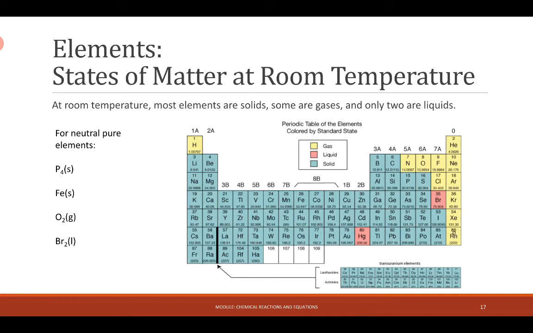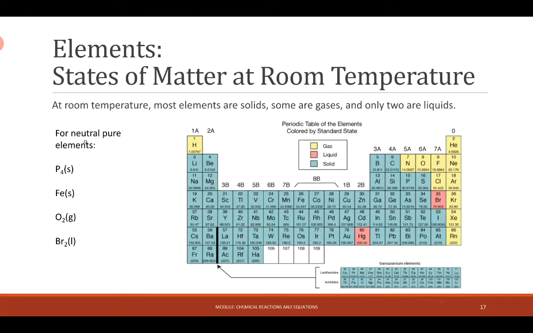Then there's gases. The gases are the non-metal elements. And so, for instance, nitrogen and all of the noble gases, those are the gases, and hydrogen too. So it's easy to remember which ones are gases, which ones are liquids, and then the rest are solids.